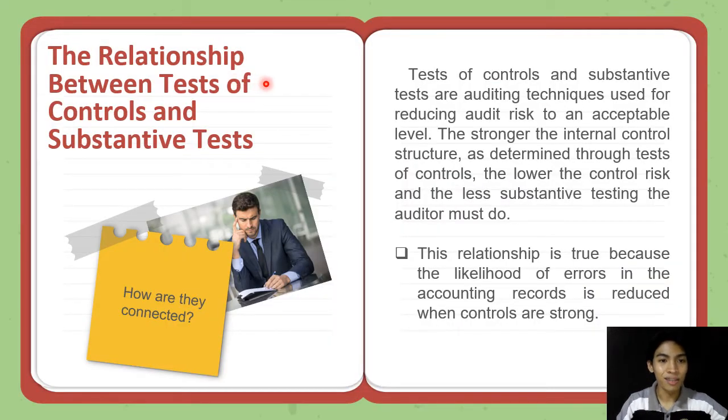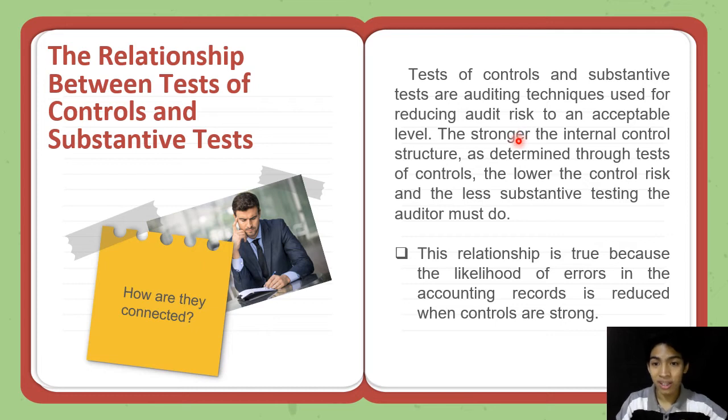Yes, in this slide, we will explain the relationship between tests of controls and substantive tests. How are they connected? Now, tests of controls and substantive tests are auditing techniques used for reducing audit risk to an acceptable level.